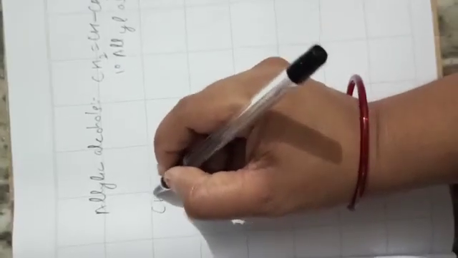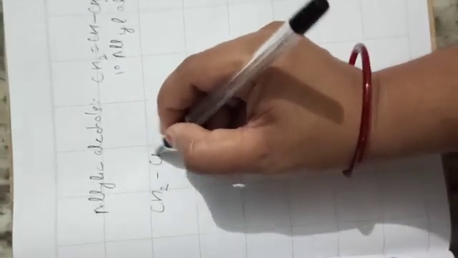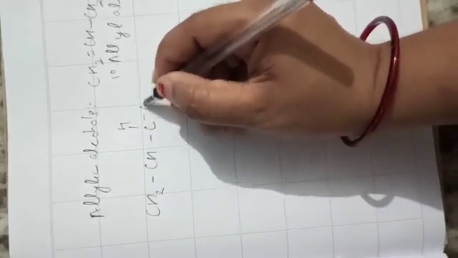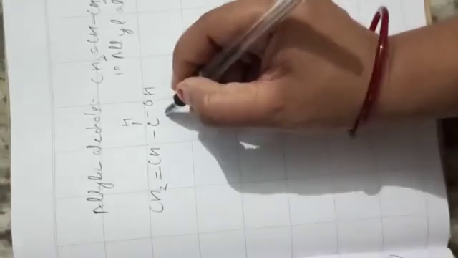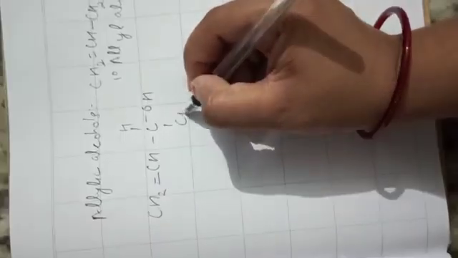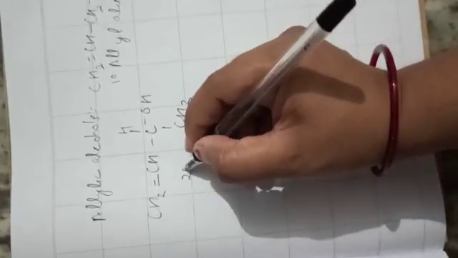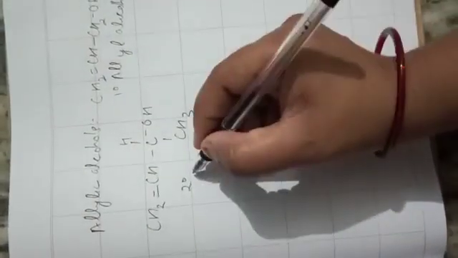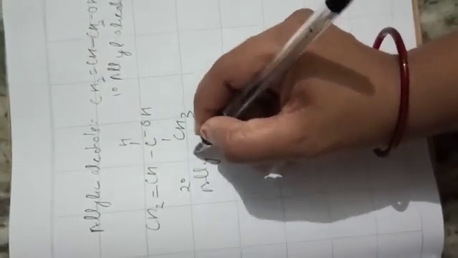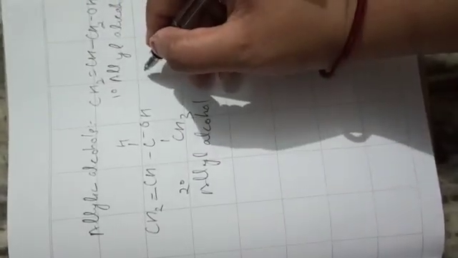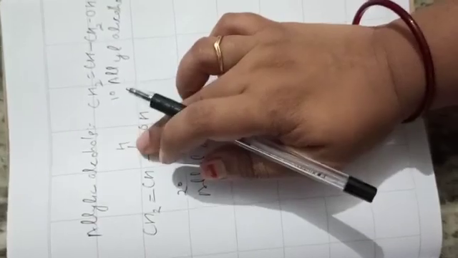The example for your secondary allylic alcohol you can have as CH2 double bond CH, then CH OH and CH3. So this is your secondary allylic alcohol. And for tertiary allylic alcohol, this hydrogen will also be replaced by an alkyl group.